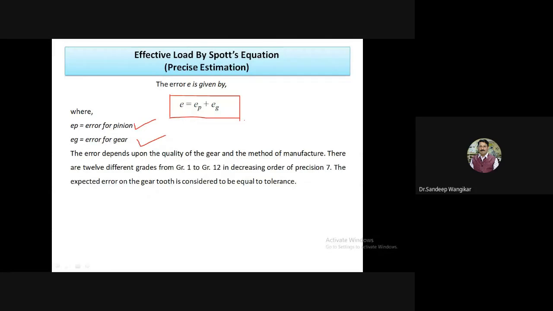When we solve one numerical, at that time you will get the complete idea of how EP and EG are calculated. Now, the error is based on 12 grades, grade 1 to grade 12. Error is based on this formula.